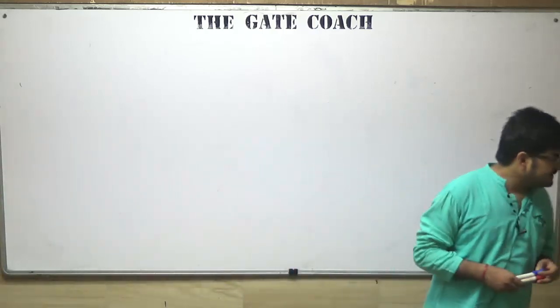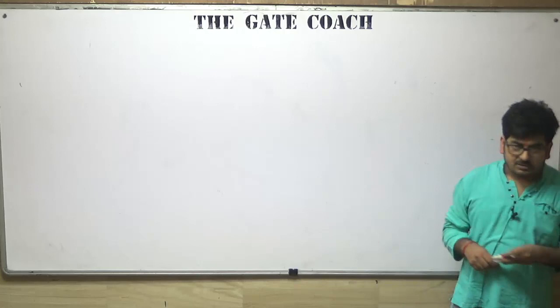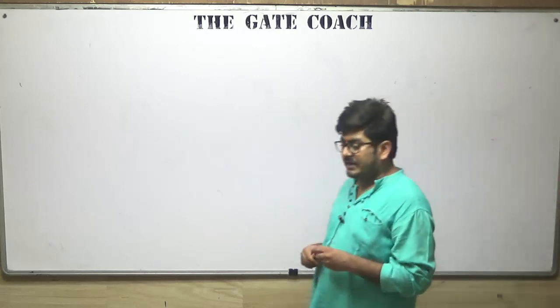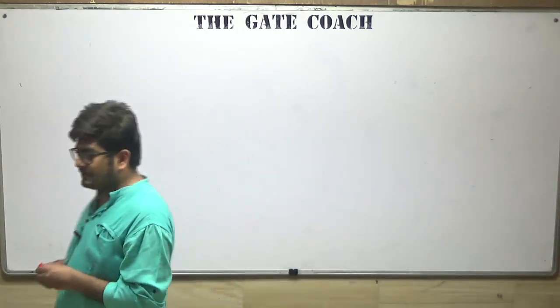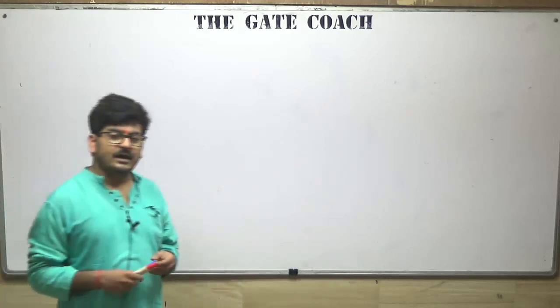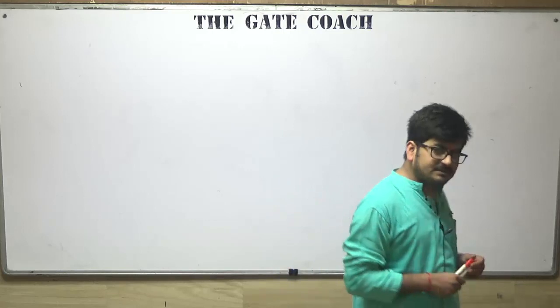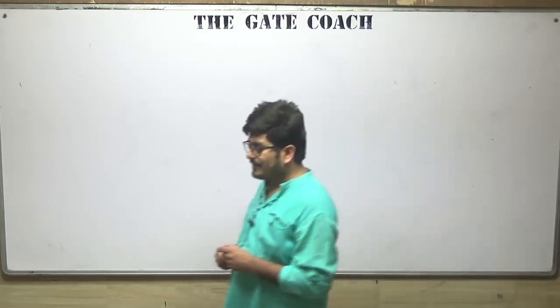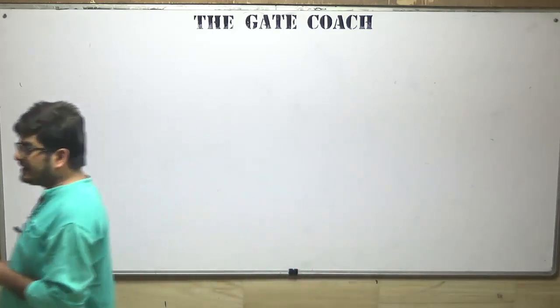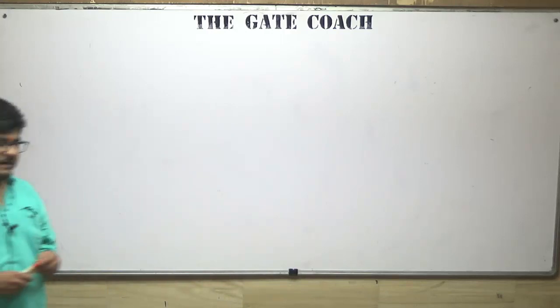In last class, we discussed reaction kinetics, the idea of how we can identify whether a given process is fast or slow, that is with the help of time. And the time we can calculate with the help of rate.